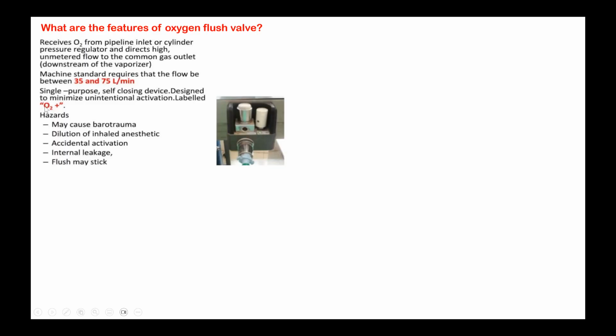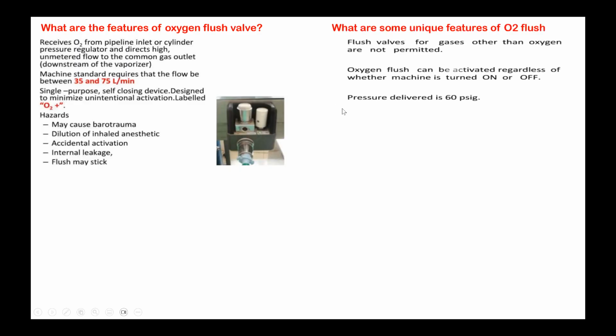And why is it marked as O2 plus? To minimize unintentional activation. Okay, the molecule name is oxygen and plus means it is under high pressure. So that is why it has been indicated that way.